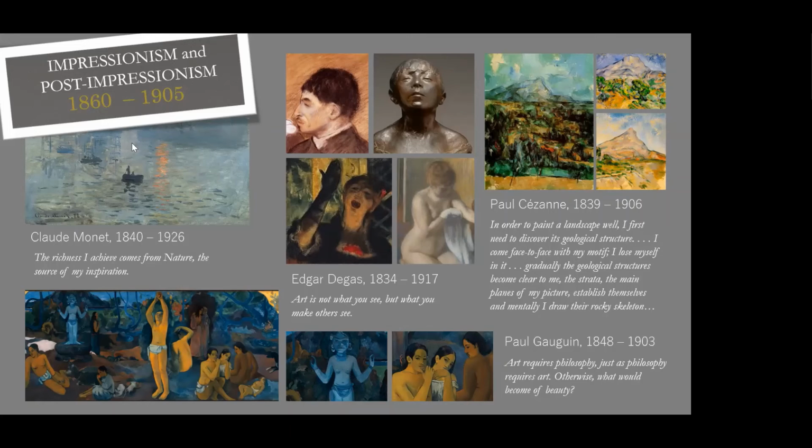So as I promised, I wanted to talk to you about how these artists were also influenced by Darwin, right? So I've got three that I'm showing here from the post-impressionists and an overlap between. So that's Degas, Cézanne, and Gauguin. Okay. So Degas actually blends both. He's considered an impressionist, and he becomes a post-impressionist at the end of his career.